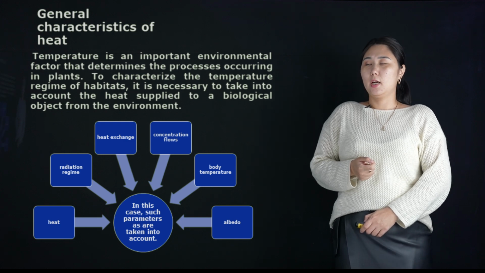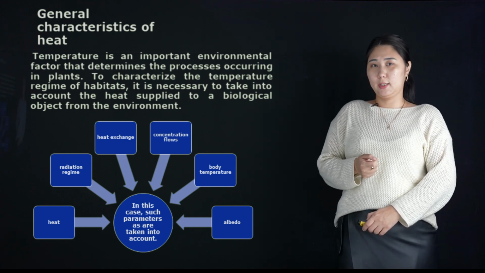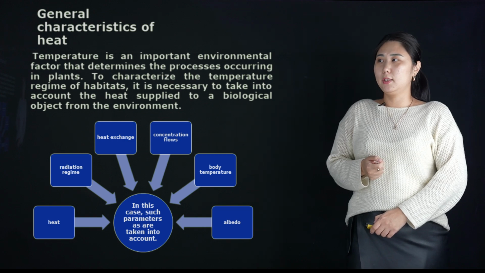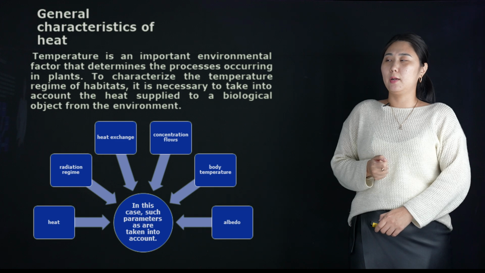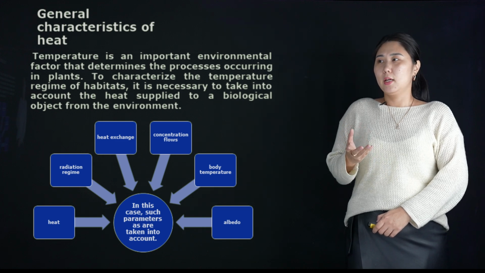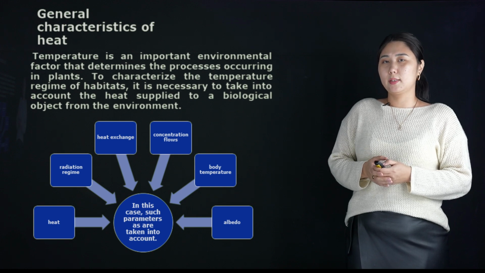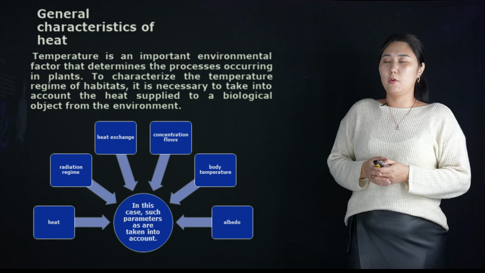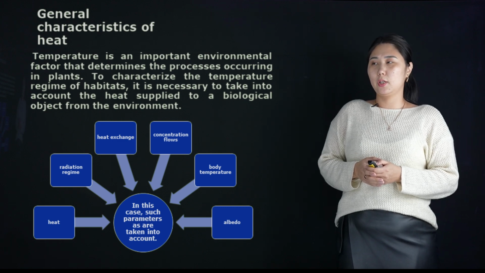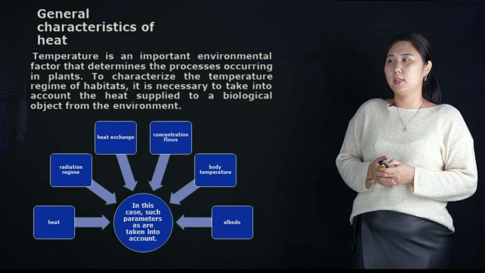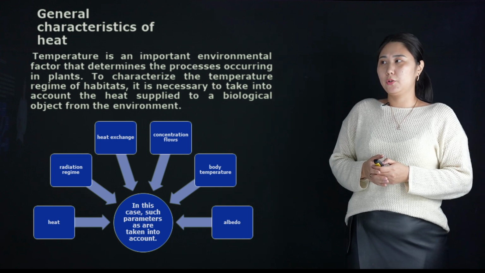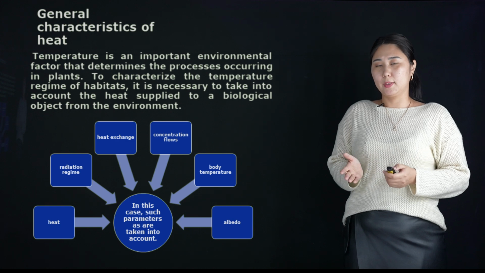At first, general characteristics of heat. Temperature is an important environmental factor that determines the processes occurring in plants. To characterize the temperature regime of a habitat, it's necessary to take into account the heat supplied to a biological object from the environment.